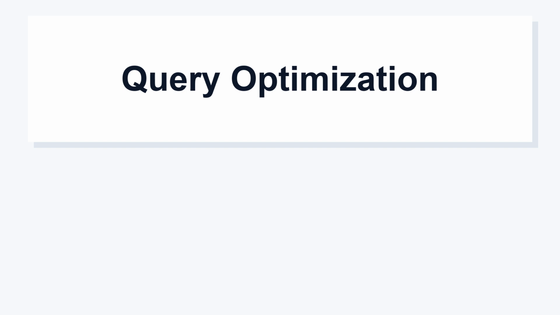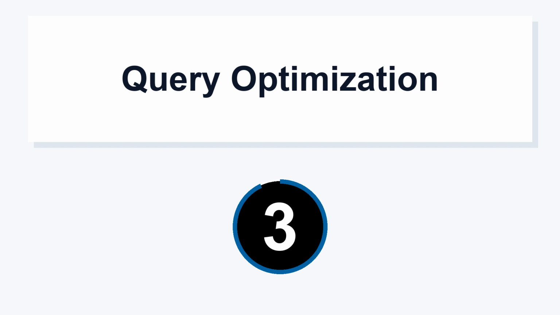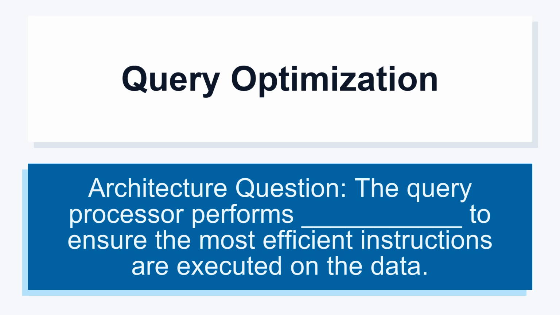Query optimization. Architecture question, the query processor performs query optimization to ensure the most efficient instructions are executed on the data.